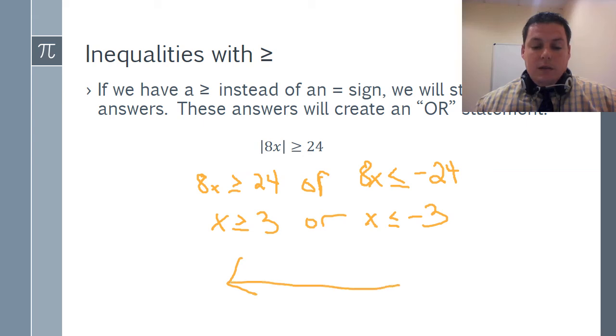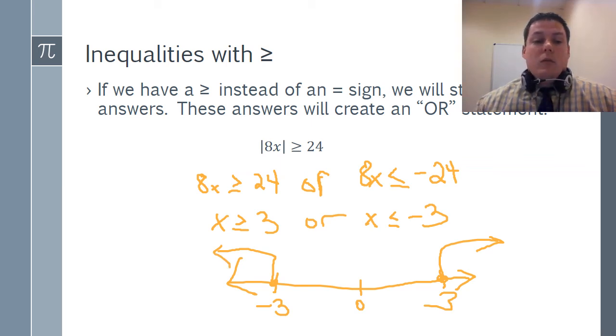And again, if we were to graph that, we have our 0, our 3, our negative 3. We have closed circles at 3 and negative 3. And it's an or, so we shade out.